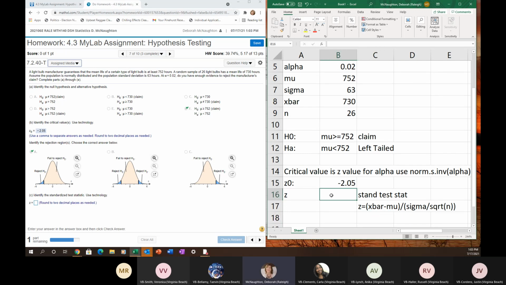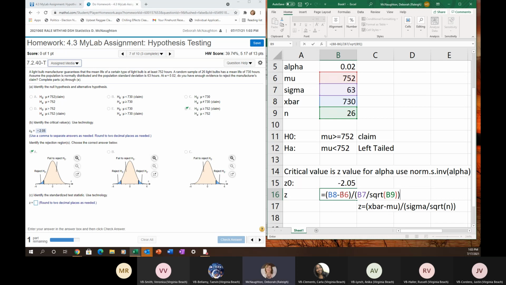So when we put that in, note equals parentheses, and then it's X bar minus mu divided by sigma divided by the square root of n.